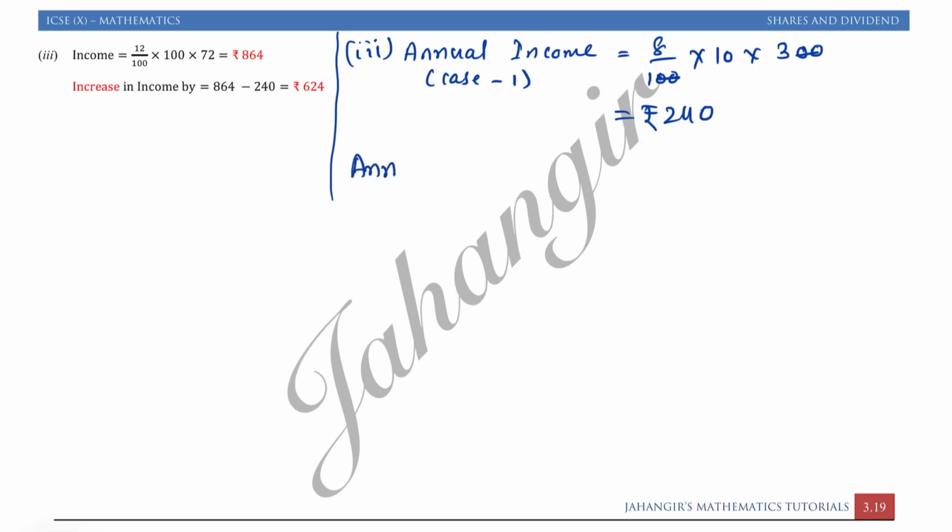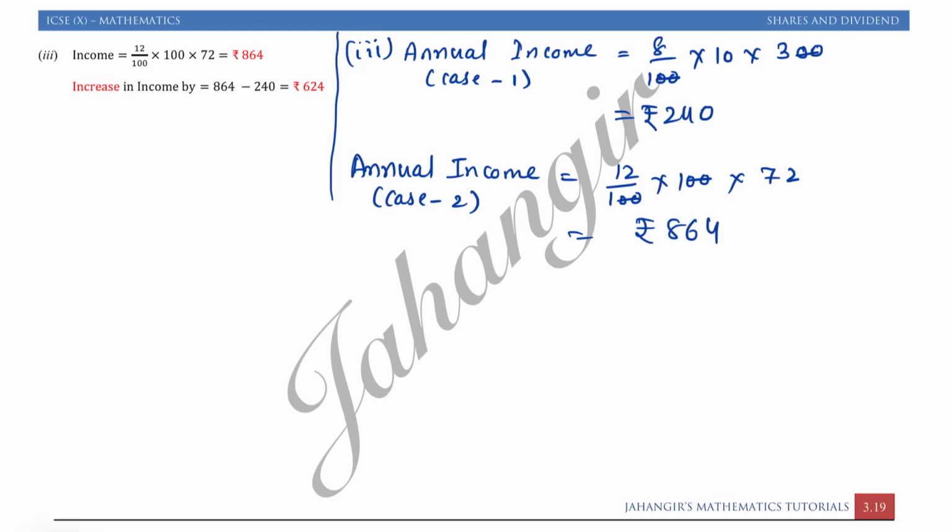Now the annual income for case 2. The rate of dividend is 12% upon 100 into face value 100 into number of shares. He bought 72 shares. So 12 into 72 is rupees 864. We got the annual income of both cases.